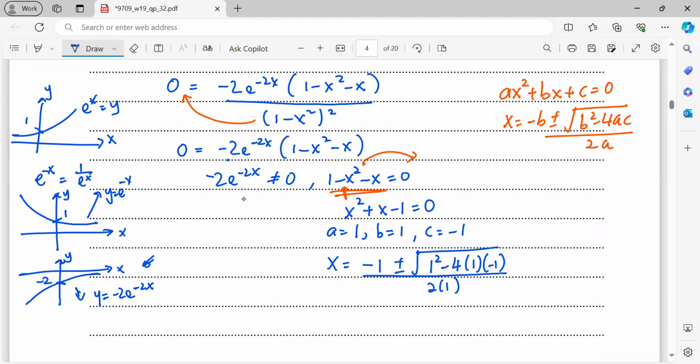Then from here, you will get minus 1 plus minus square root of 1 squared, which is 1, minus 4 times minus 1, which is plus 4. So 1 plus 4 is square root of 5, then over 2.